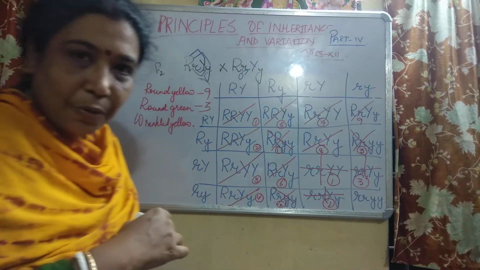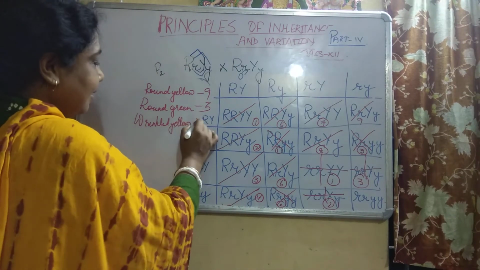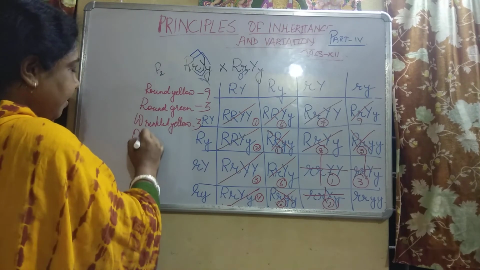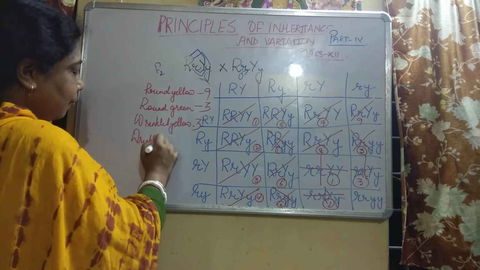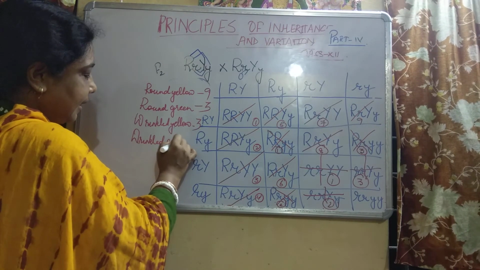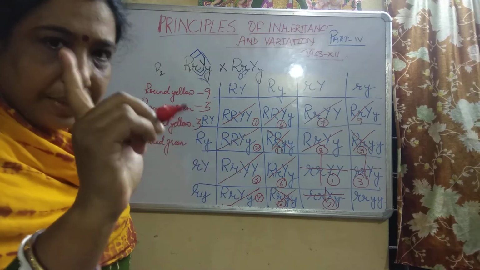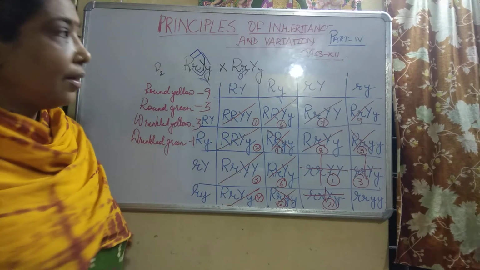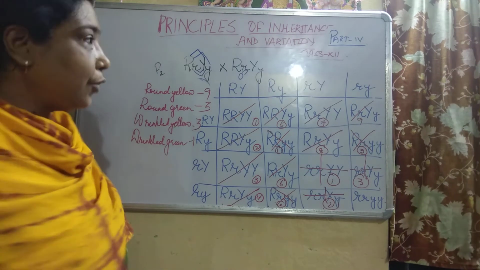Okay, how much did you get? 3. Now only one is left. That is wrinkled green. It is alone. That is 1.